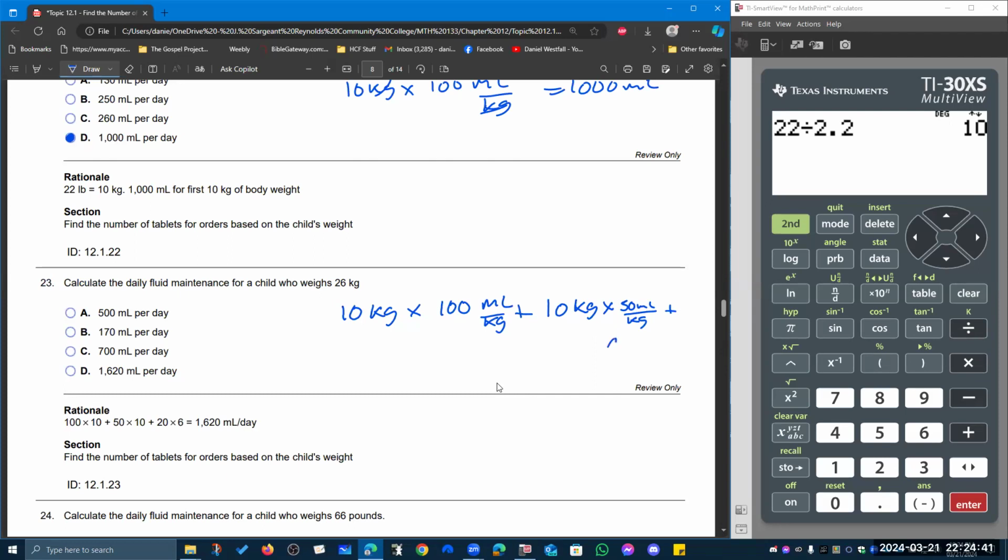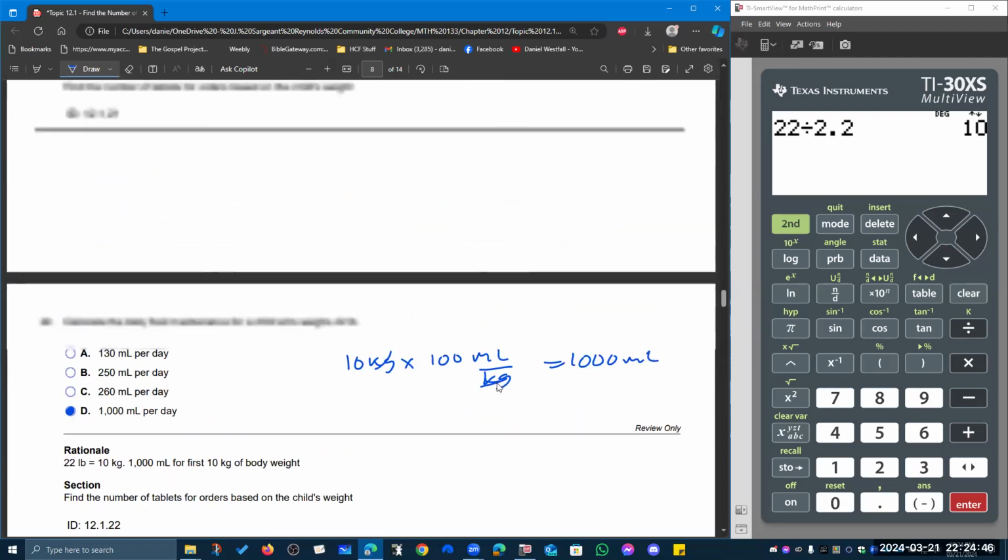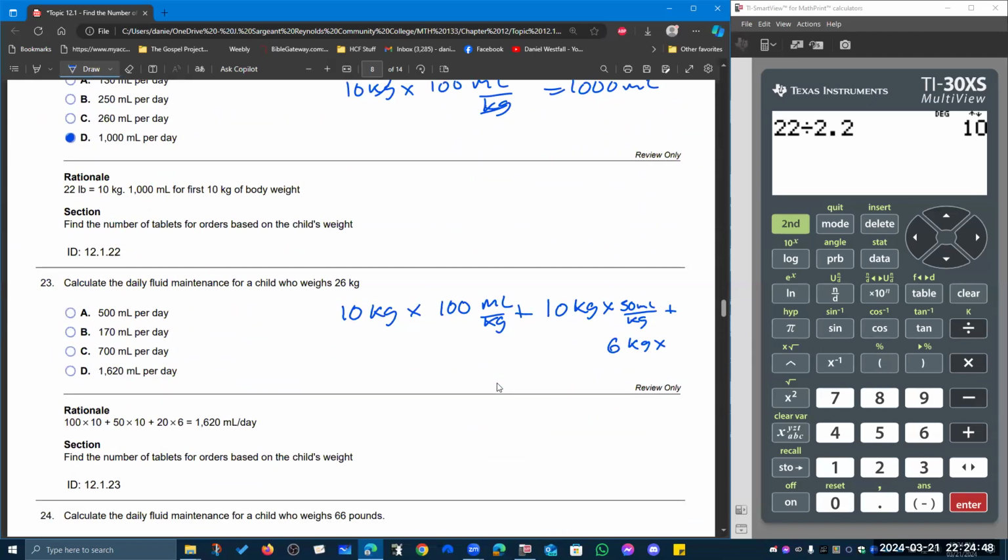And now for each additional one, which is 6 kilograms, there's going to be, I believe this is 20, yes, 20 milliliters per kilogram. It's going to give us 1,000 milliliters plus 500 milliliters plus 120 milliliters, 1,620 milliliters per day.